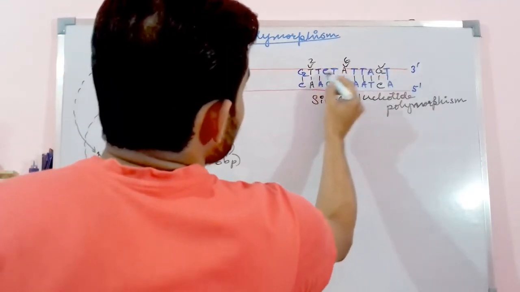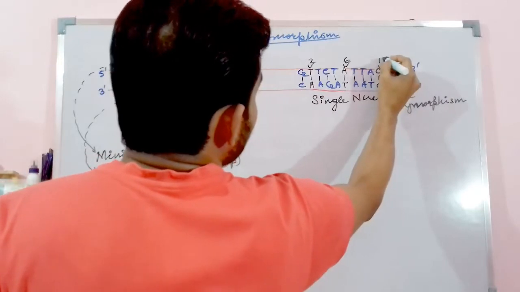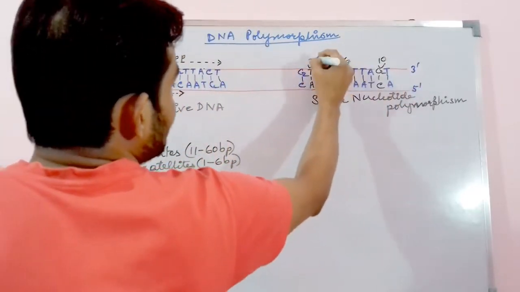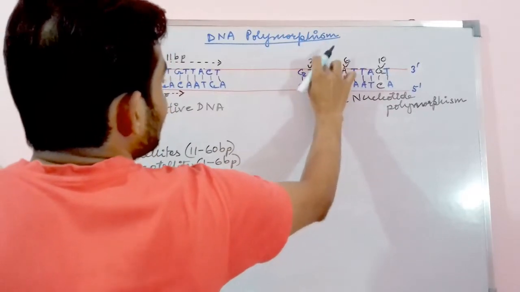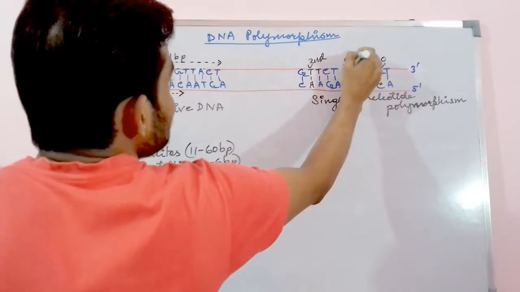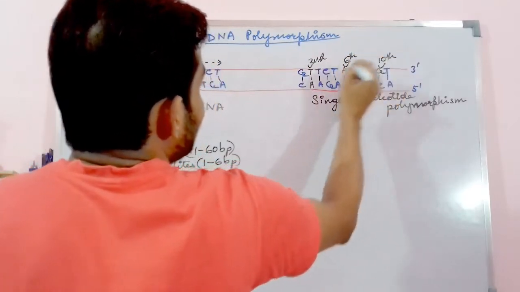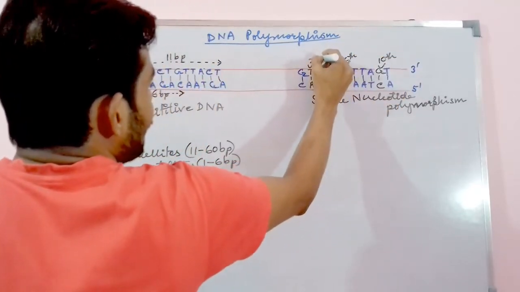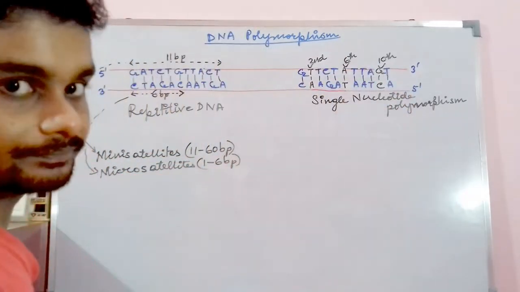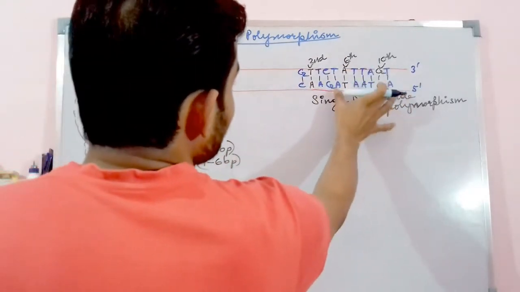sixth, and the 10th base pairing, second position base pair, sixth position, second, sixth and 10th base pair, has changed. So the structure of the sequence has changed.